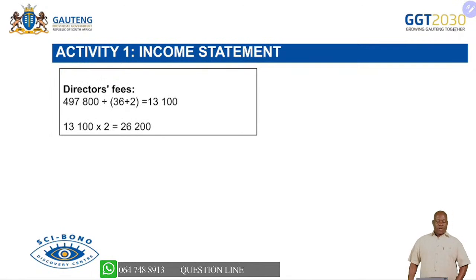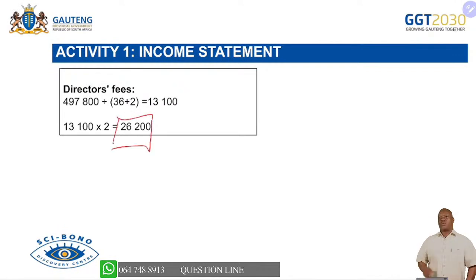That we can do. We say 497,800 divided by 38. Can you see where the 38 months is coming from? 36 months for 12, 12, 12 for the 3 directors, plus 2 extra months for one of the directors. So we get 13,100 per month per director. If we want to subtract those 2 months, we say 13,100 times 2.